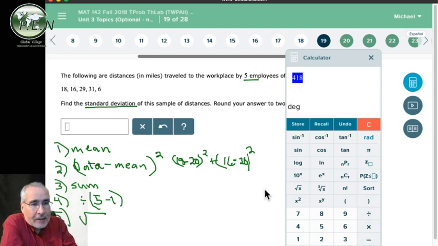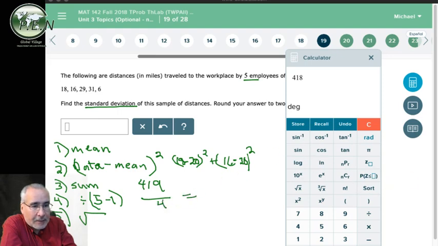So that's the number we get after taking the sum. We've squared them all and added them all together. I'm going to write that down, 419. The next thing we do with that number is divide it by 5 minus 1, so we're going to divide by 4.